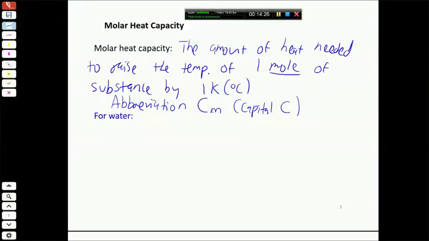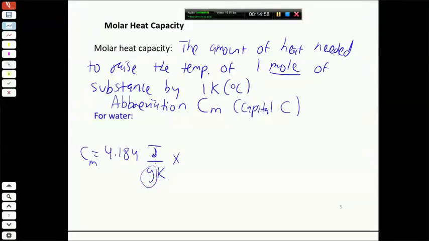You know, whether we're talking about moles or grams of substance, and the units of the quantity, of course, are different. So if we want to find the molar heat capacity for water, we can use the specific heat capacity to get that. So if we have a specific heat capacity of water of 4.184 joules per gram Kelvin or gram degree Celsius, and we want to convert this into a molar heat capacity, all we have to do is convert this part of the units, grams, into moles.